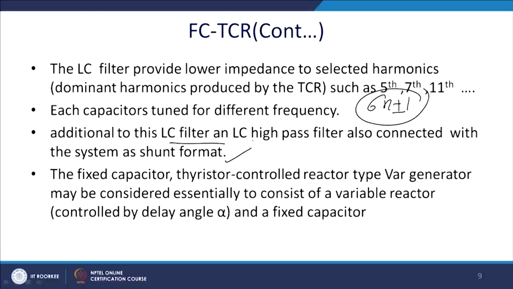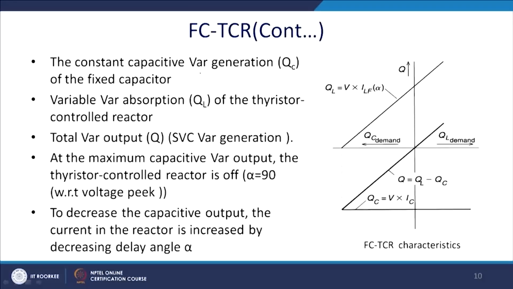The fixed capacitor thyristor controlled reactor type VAR compensator may be considered essentially to consist of a variable reactor controlled by a delay angle and the fixed capacitor. The constant capacitor VAR generated is QC, of the fixed capacitor. The variable absorption is QL, of the thyristor controlled reactor.